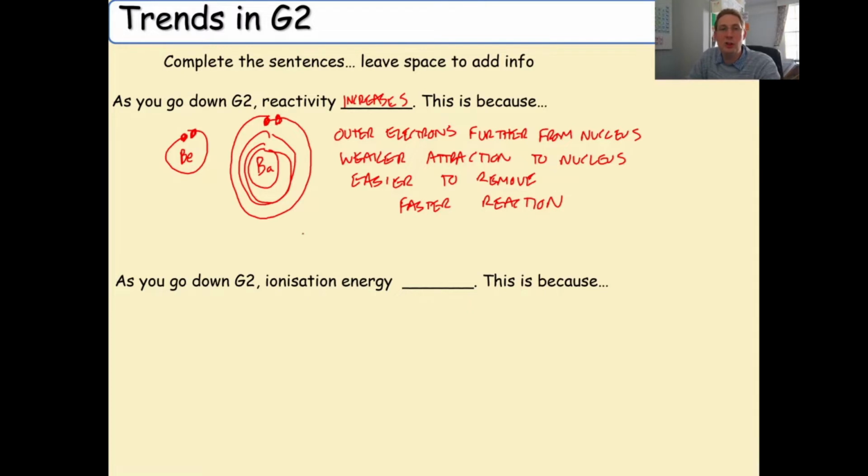Now, of course, you could talk about shielding here. And the fact that there's more shielding for barium as more inner electrons.